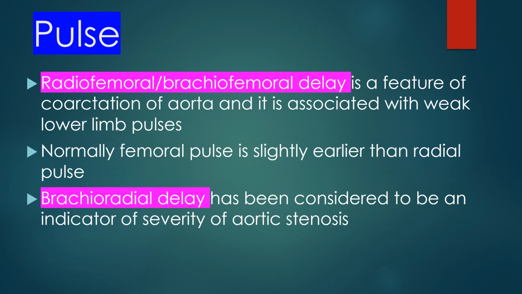Normally, femoral pulse is slightly earlier than radial pulse. Brachioradial delay has been considered to be an indicator of severity of aortic stenosis. This is brachioradial delay and not brachiofemoral delay.